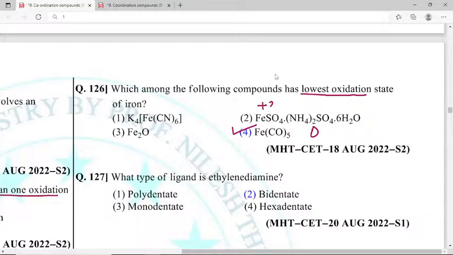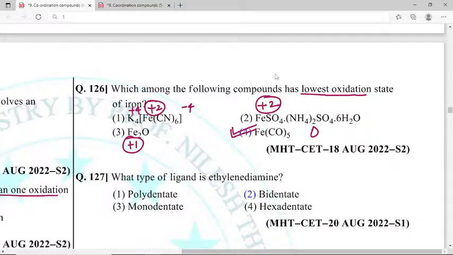Here Fe has +2. Here Fe has +1. Here Fe has +4, -4, so this is +2. So +2, +1, +2 and this is 0.